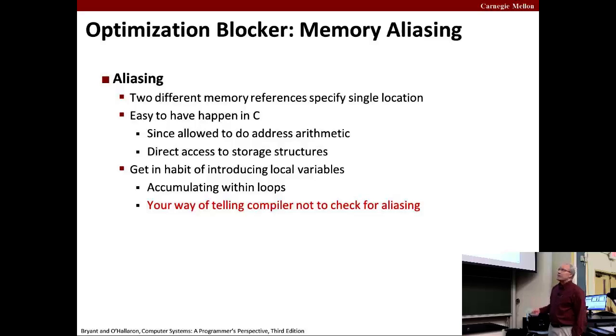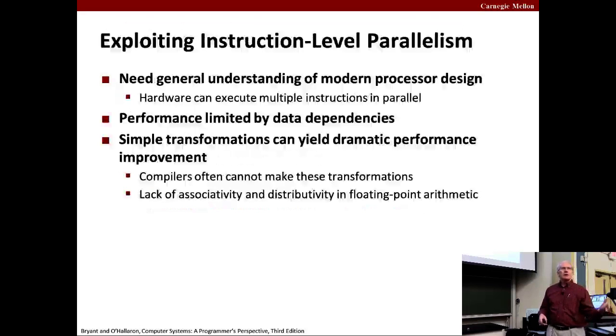So as these two examples say, get in the habit of introducing local variables and using them. It's your way of telling the compiler: don't call the same function over and over again, don't read and write the same memory location over and over again, just hold it in a temporary one. And then it will automatically allocate a register and store it in that register, and everything will be good.